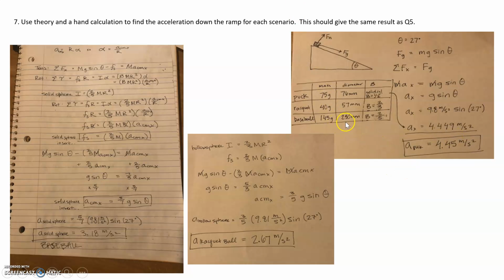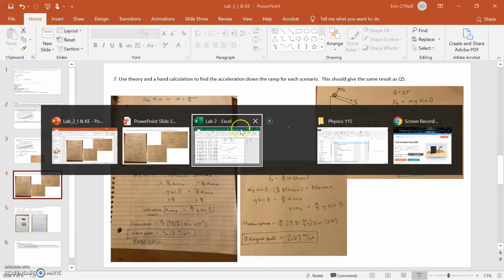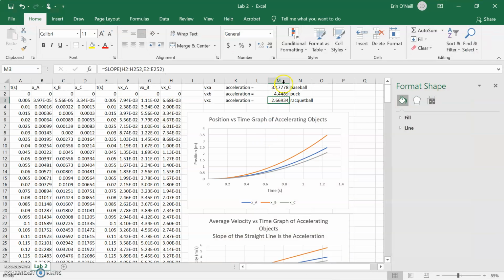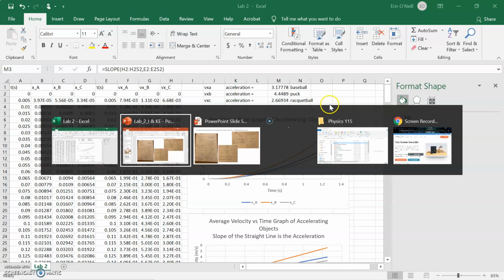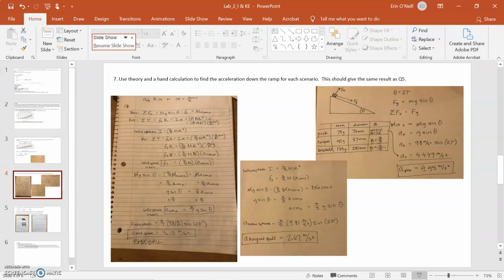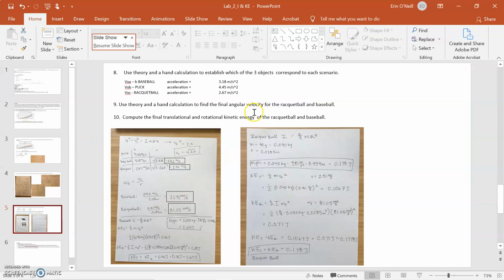And that all checks out when I look at these values, they're the same thing, which is awesome. So very happy to see that. And then, yeah, I think that's all I have to explain.